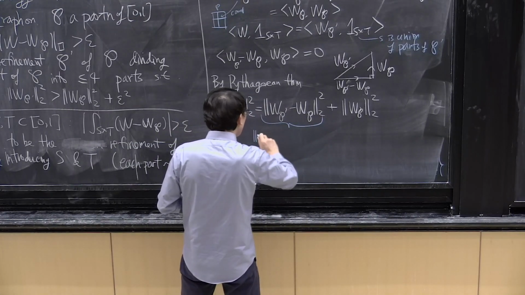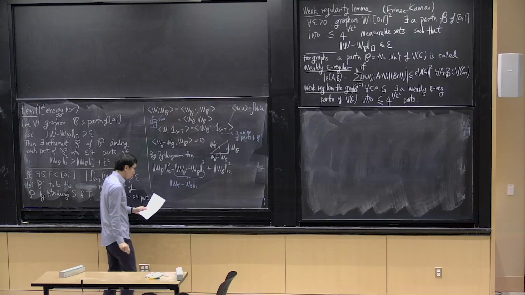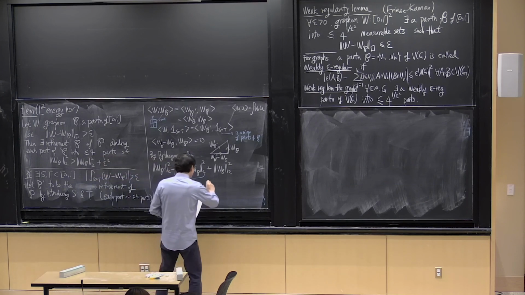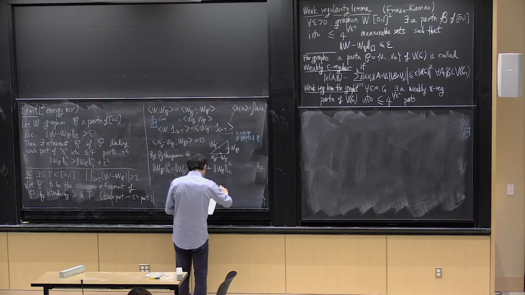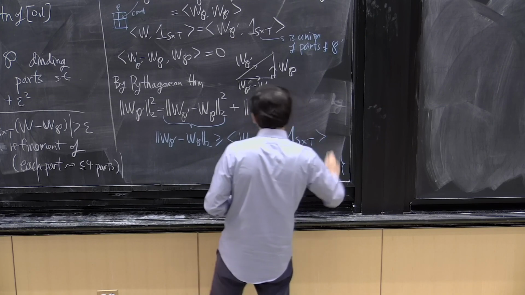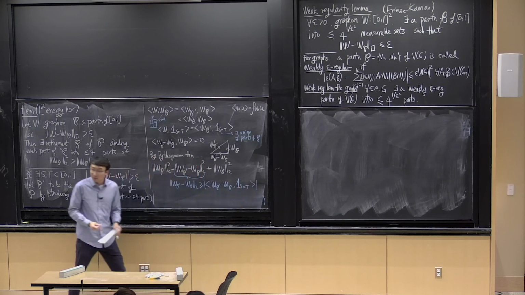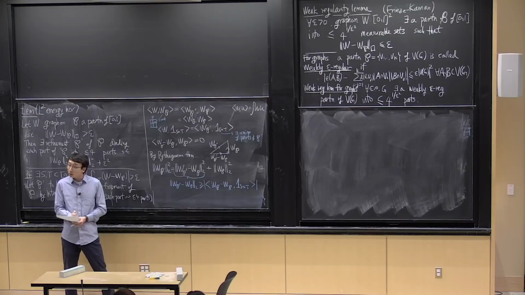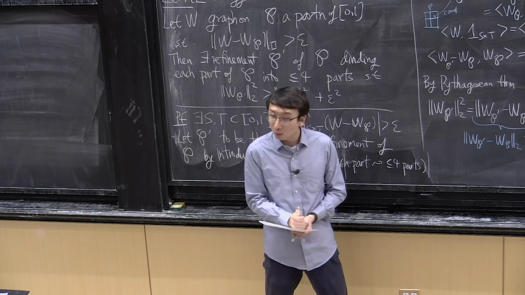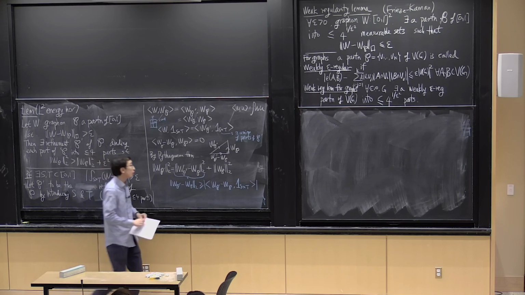So in particular, it is at least this quantity here, which you can derive in one of many ways, for example, by the Cauchy-Schwarz inequality, or go from L2 to L1, and then pass down to L1. Okay, so this is true. Let's say by Cauchy-Schwarz.